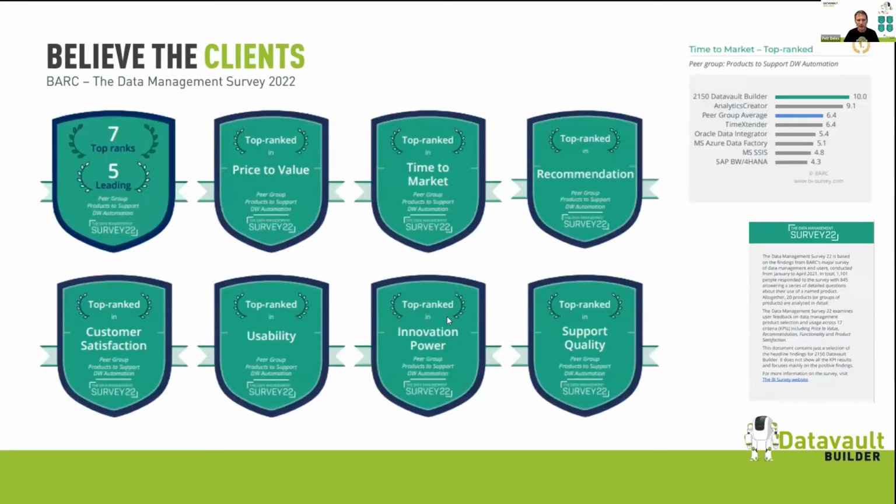If you want to read a little more comparison to other tools in this area, please contact us and we can send you the full BARC report from this year that compares us in many categories to other tools. It shows that our clients are very, very happy, the happiest on the market. According to BARC, we have a high recommendation rate as well, based on the very high support quality.